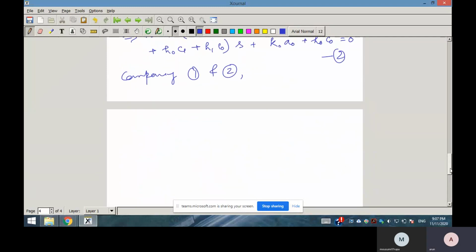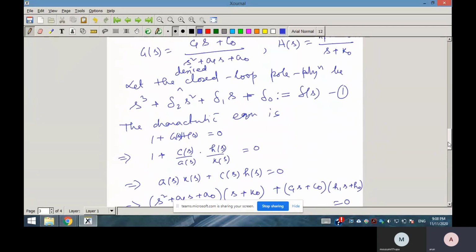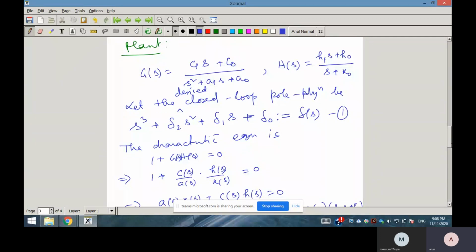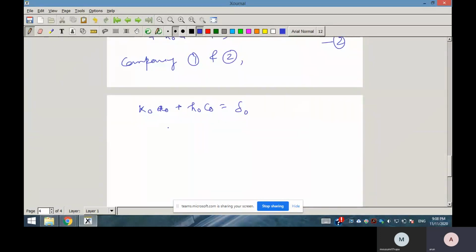Then you will get k naught a naught plus h naught c naught equal to delta naught.